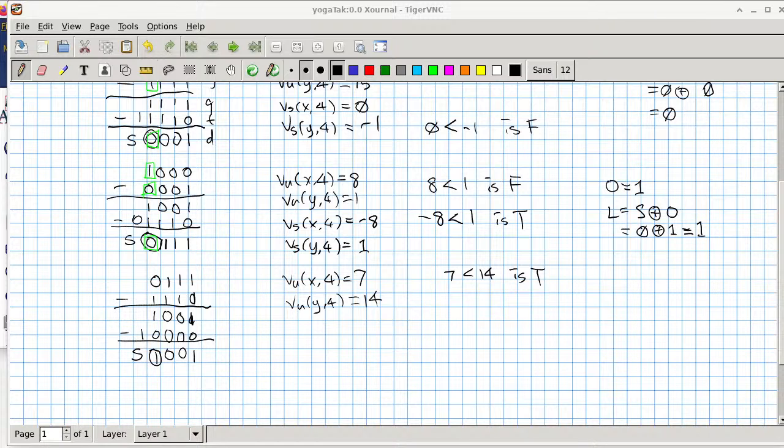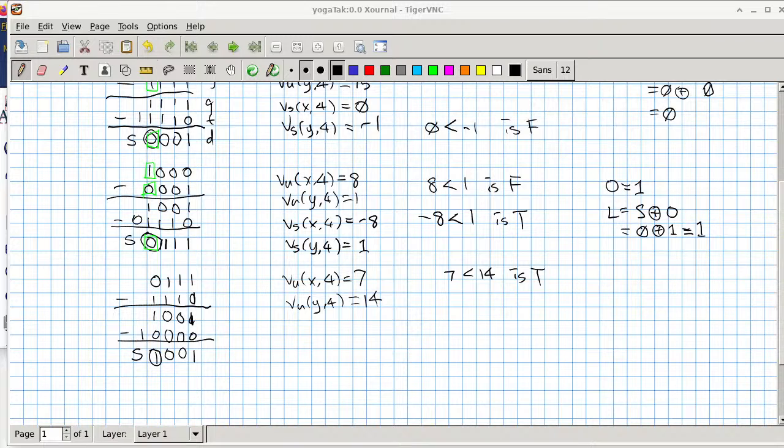Does that make sense to you? That when you have negative 8 minus 1 is positive 7? It does not make sense. This is why we have an overflow. When the difference cannot represent the actual value of the subtraction, we have an overflow situation. But it only makes sense when we're looking at things from the signed perspective.